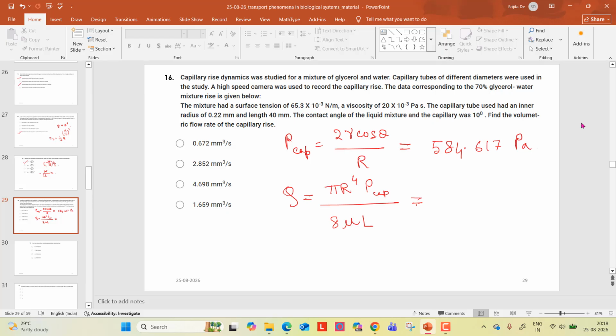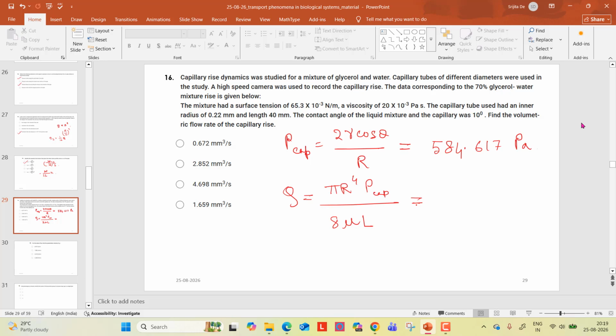Into 584.617, right? Divided by 8 into 20 into 10 to the power minus 3, that means 0.02, into 40 millimeter means 0.04.